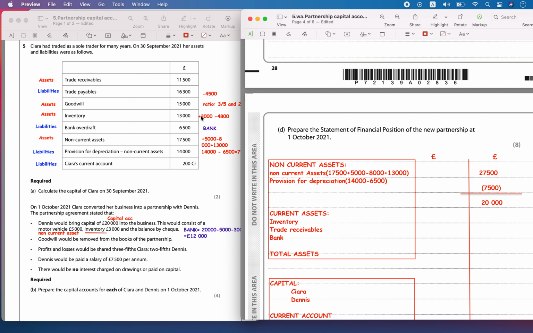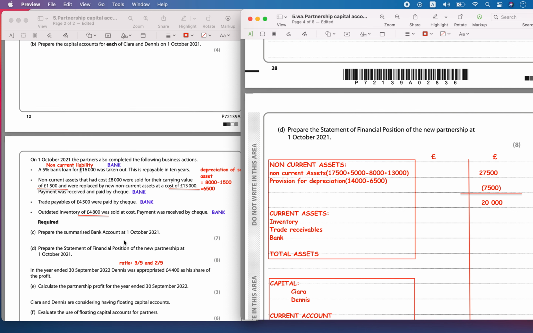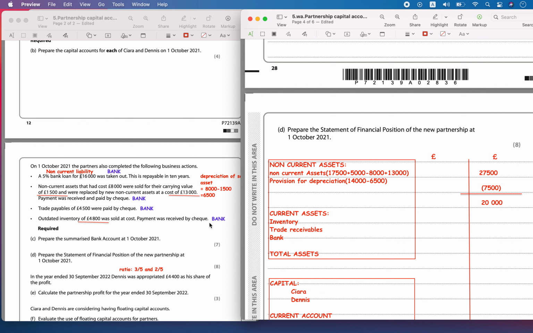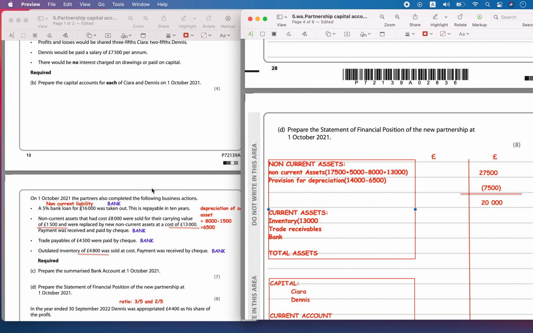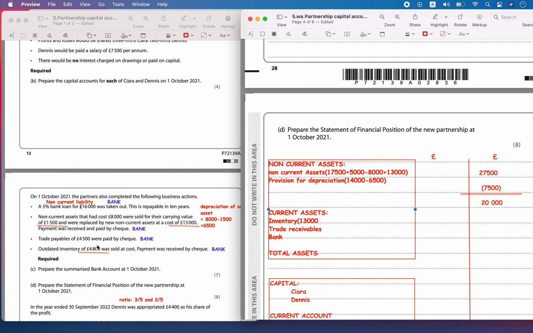So first one is inventory, which was around 13,000, but there were some things which had happened to inventory. We have to adjust the inventory value of 13,000 because certain things happened later on. 4,800 was sold, so minus 4,800.